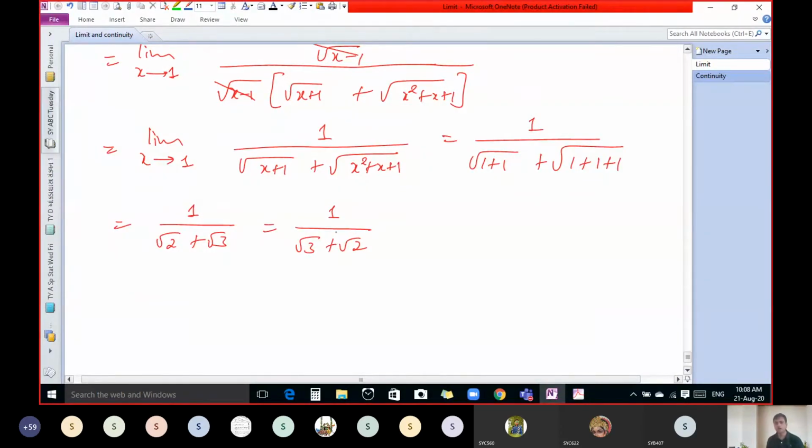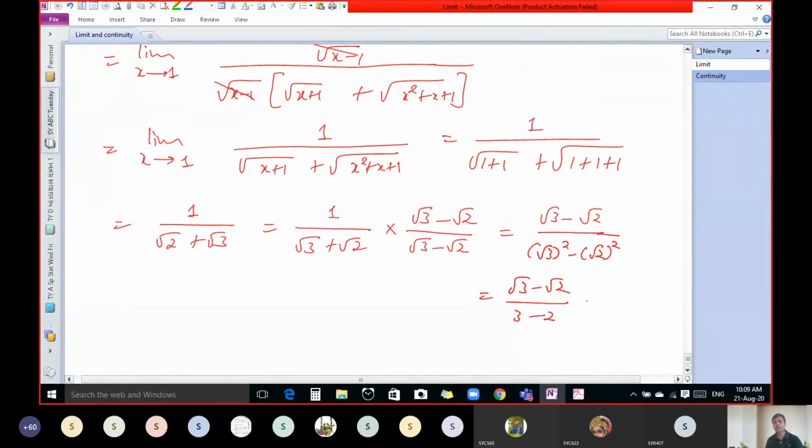Now the question is how? So do one more step here: rationalize. If we rationalize, in the numerator we get root 3 minus root 2 as it is. In the denominator it looks like a plus b into a minus b, which is nothing but a square minus b square, that is root 3 square minus root 2 square, which is 3 minus 2, which is 1.